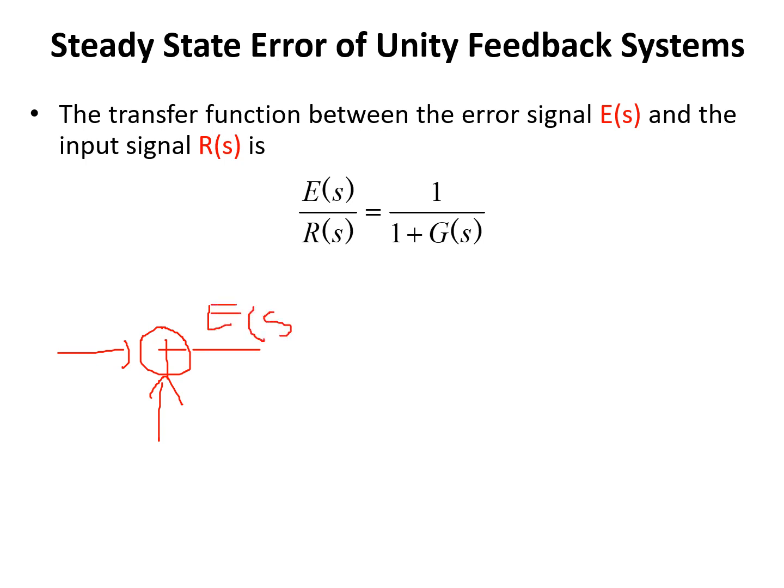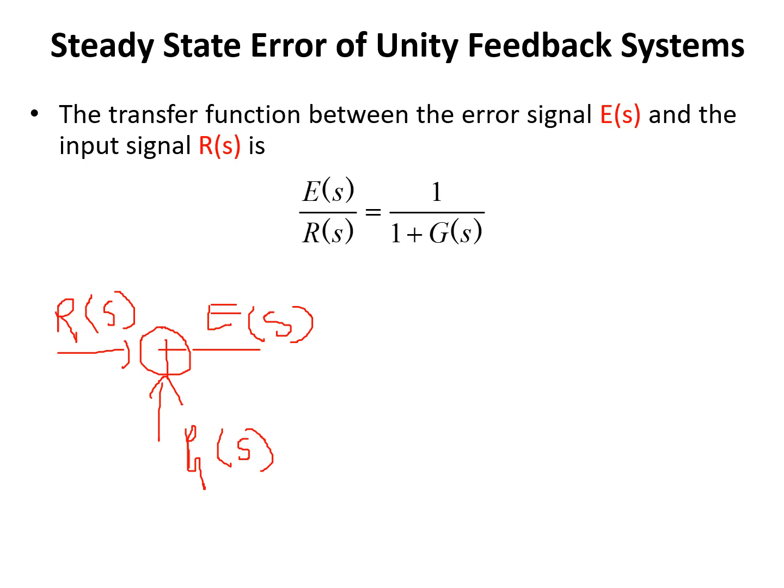Now we need to get an expression for E(s). R(s) is this input and H(s) is 1, so you have a feedback from here. G(s) is fed here, because H(s) is 1, correct? So E(s) is nothing but the difference value which we are going to take, correct?